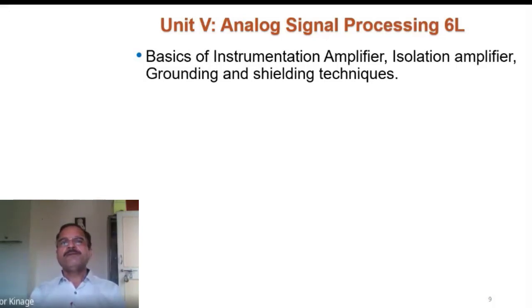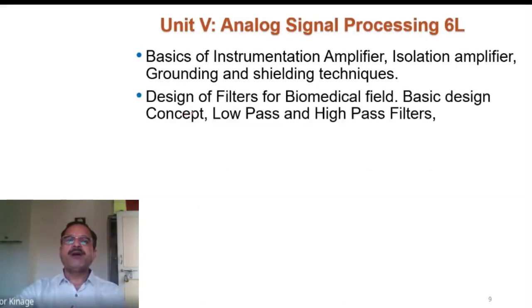Now in unit number 5, we'll discuss the analog signal processing required to process these biomedical signals. Here we'll see the basics of instrumentation amplifiers and isolation amplifiers, which are useful for biomedical equipment, grounding techniques, and shielding techniques.